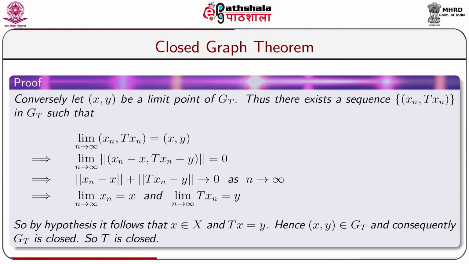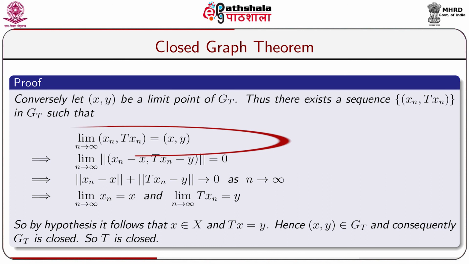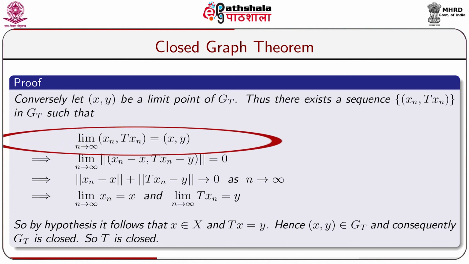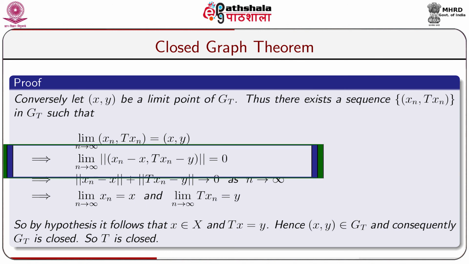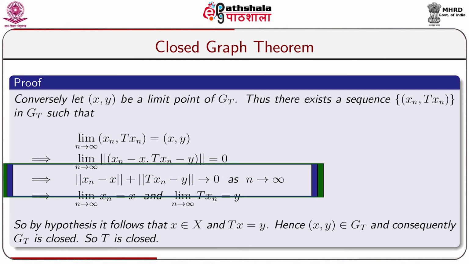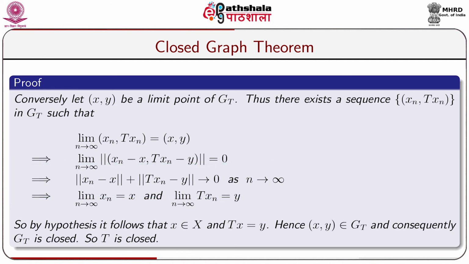Thus, there exists a sequence (x_n, Tx_n) in G_T such that limit as n tends to infinity of (x_n, Tx_n) is equal to (x, y), which implies that limit as n tends to infinity of norm of (x_n minus x, Tx_n minus y) is equal to 0, which again implies that norm of x_n minus x plus norm of Tx_n minus y goes to 0 as n tends to infinity, which implies that limit of x_n is equal to x and limit of Tx_n is equal to y.